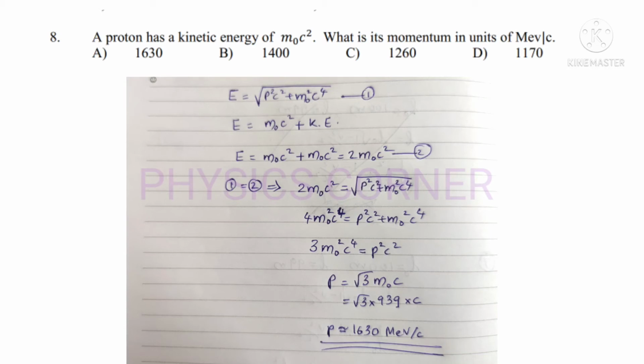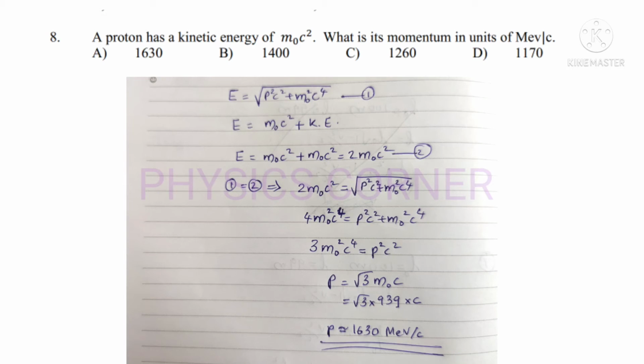So we can write down the expression for relativistic energy as E is equal to square root of p square c square plus m0 square c raised to 4. And we have another equation, E is equal to m0 c square, that is the rest energy, plus kinetic energy.